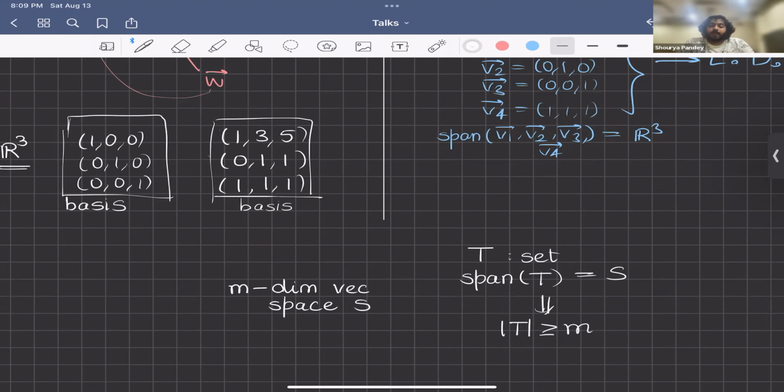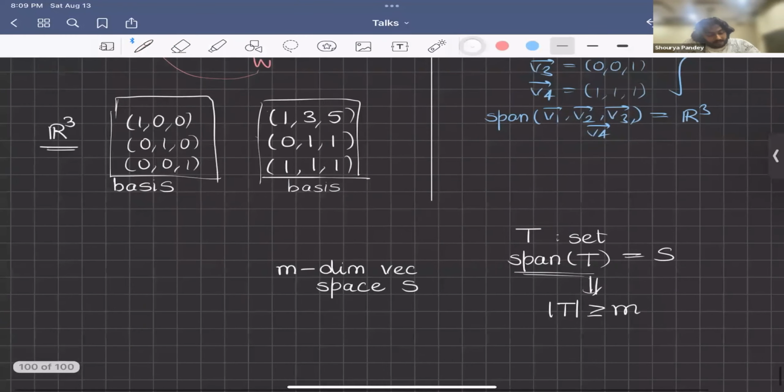Because if I have less than m vectors, then the dimension of the span of T is less than m. If this is a finite set, then the span of T cannot have dimension exceeding the cardinality of T. That's one thing.